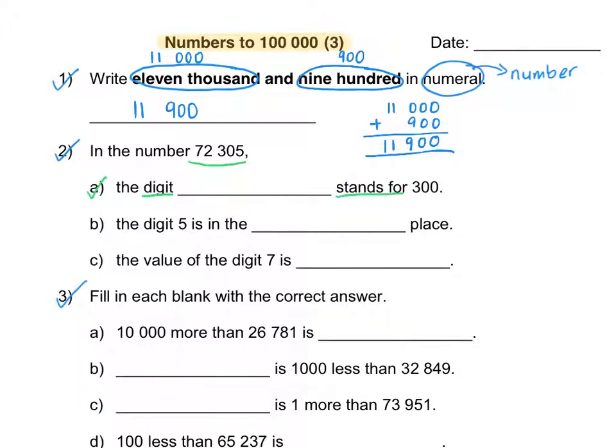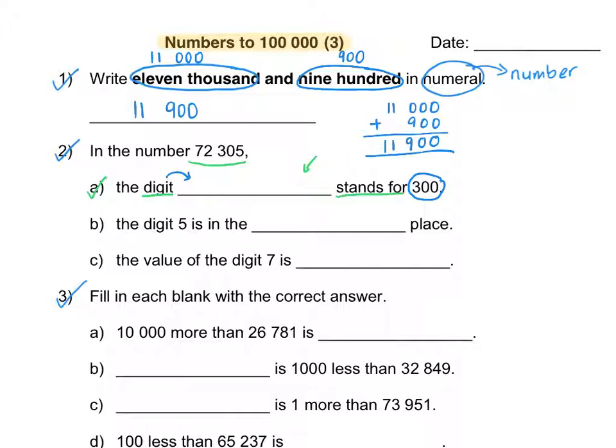So in this case, what is this blank asking for? What is the focus of this question? Yes, this question is actually asking for the digit, because notice that the digit is missing in this sentence here. So what is the digit that stands for 300?